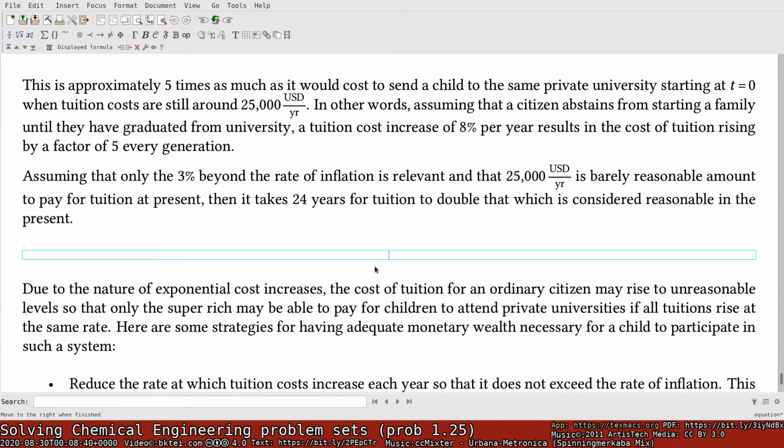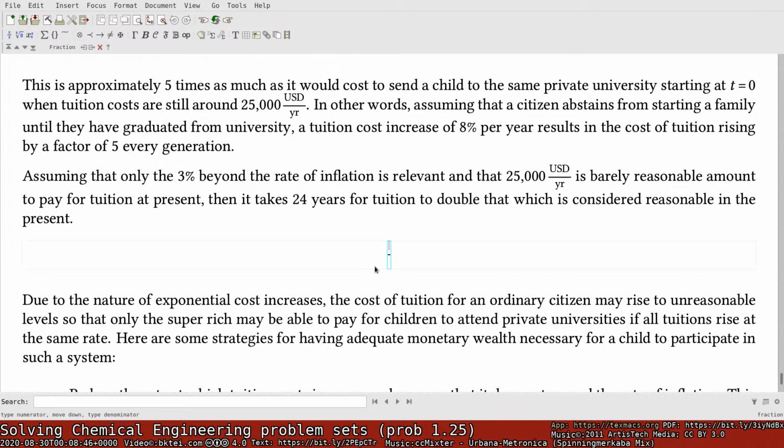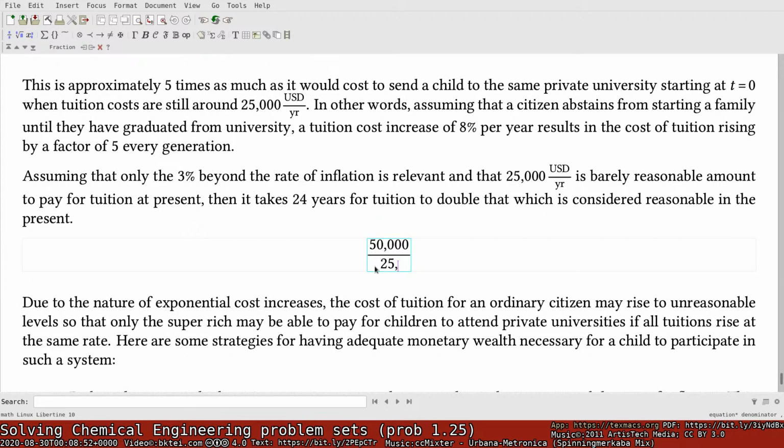So let's put that into an equation. That's basically saying, how long does it take for 25,000 to equal 50,000, with 1.03 raised to the time?